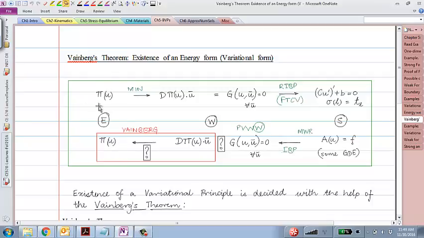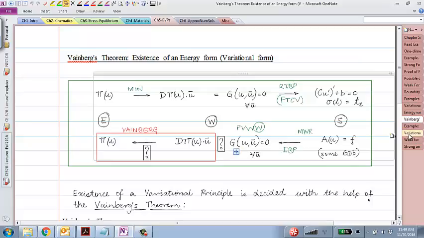Alternatively, if I have pi u, I can minimize it, find the same weak form, and do reverse integration by parts, apply the fundamental theorem of calculus of variations to get back to the original strong form. So being able to jump between these three different forms is something you have to be able to do. It's only algebra, but the big picture is conceptually captured in this manner. All right.